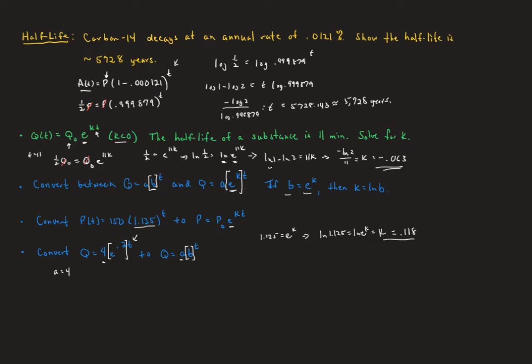The harder part, but not too hard, is to say that e to the 0.2 is going to be equal to b. So there is no need for a logarithm here at all, because we can just punch that into our calculator, and say e to the 0.2 power, I'm getting 1.221. 1.221 is the b, and we can leave it there.